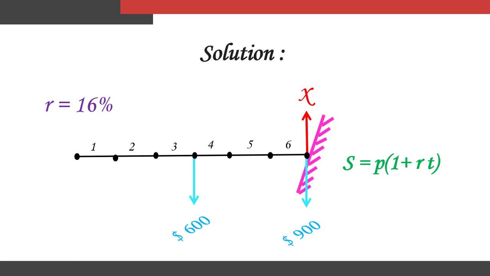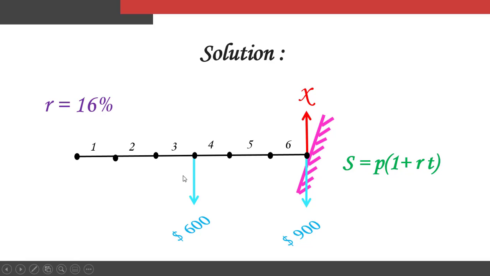In simple interest problems, the answer will vary slightly depending on the location of the focal date. In our example, the focal date lies after the maturity dates of old and new obligations. According to this, the amount of old obligations must equal the amount of new obligations at the focal date.